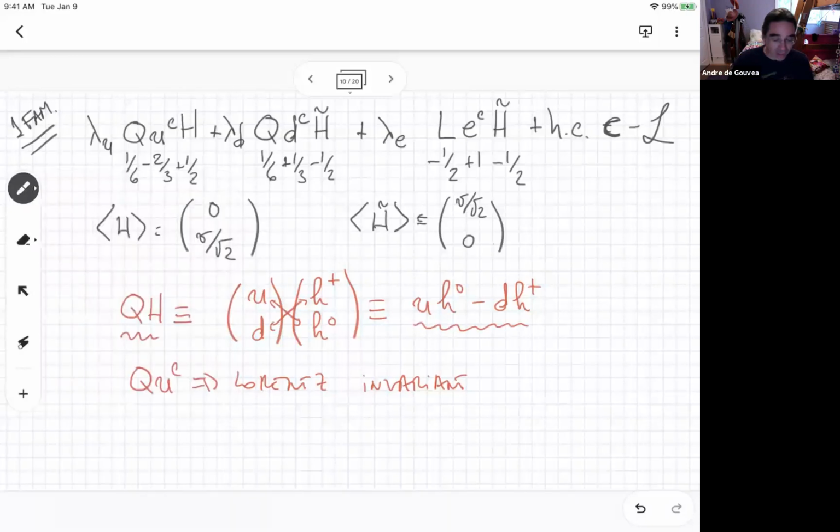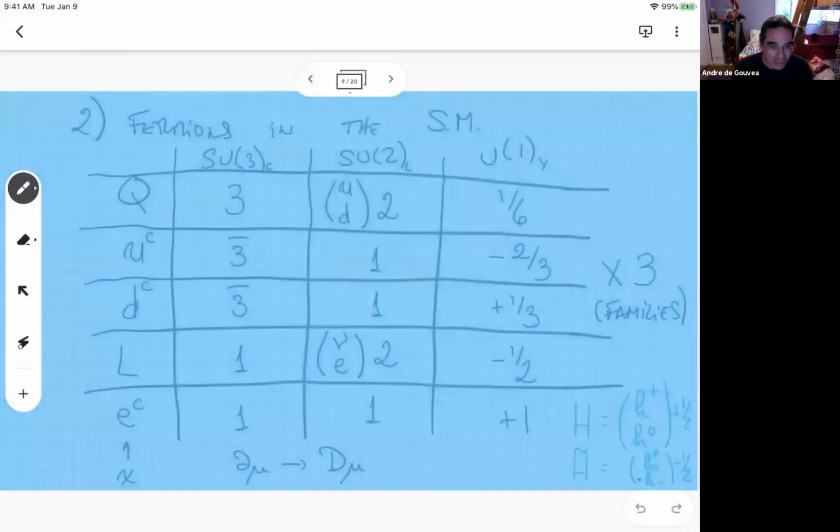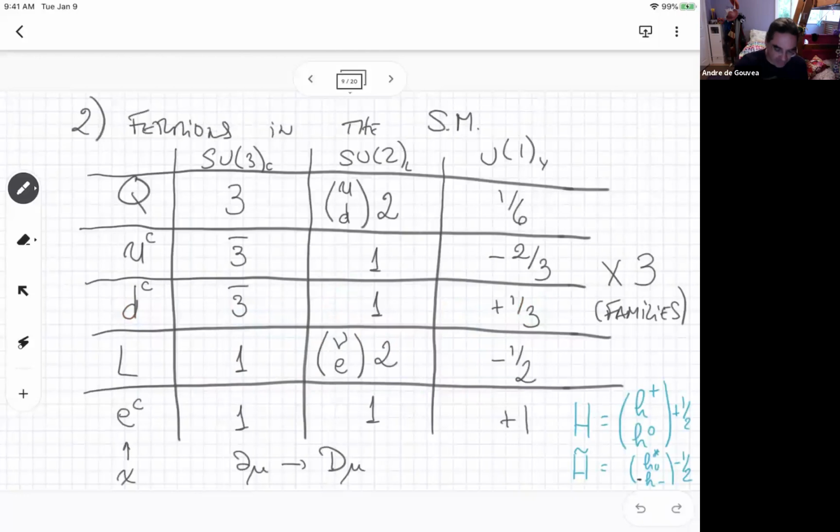The reason I'm writing all of this is that this is how masses work. It's actually quite messy, but I do want to say how inevitable it is. The key point is, because these are the fermions of the Standard Model, and because they have these charges here, I just can't write down any masses for anybody.